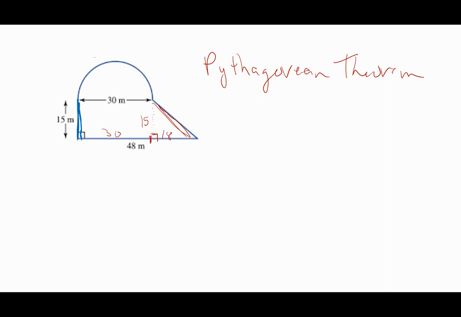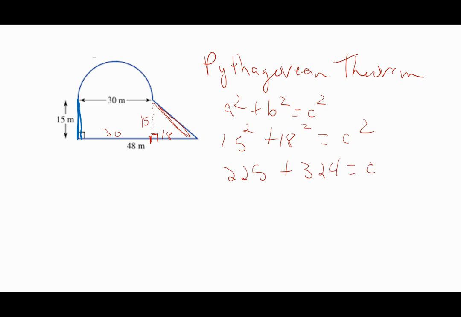So we take our Pythagorean theorem, which is a squared plus b squared equals c squared. So we have 15 squared plus 18 squared equals c squared. 15 squared is 225 plus 18 squared is 324 equals c squared.